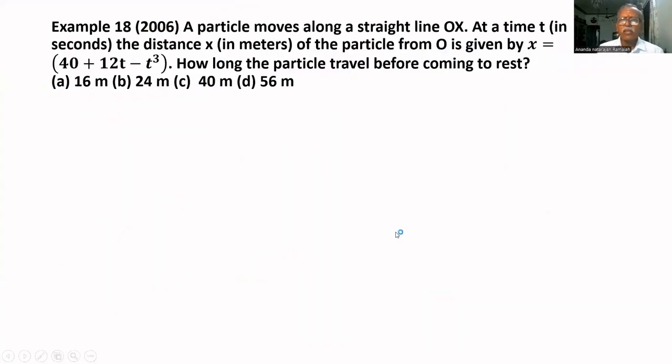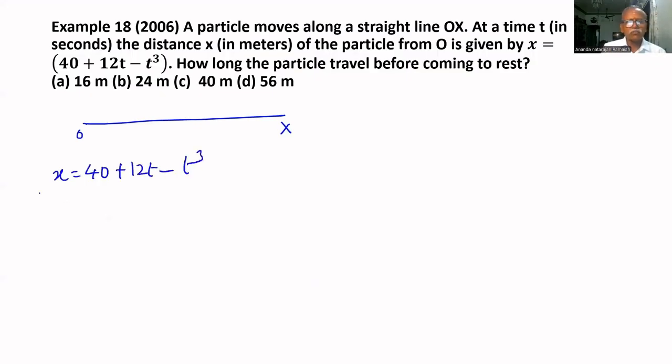A particle moves along a straight line OX. At a time t, the distance x in meters of the particle from O is given by, at any point of time, the distance x equal to 40 plus 12t minus t cube.